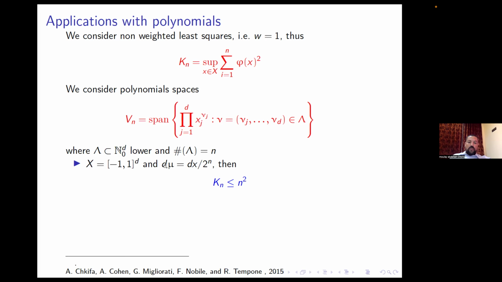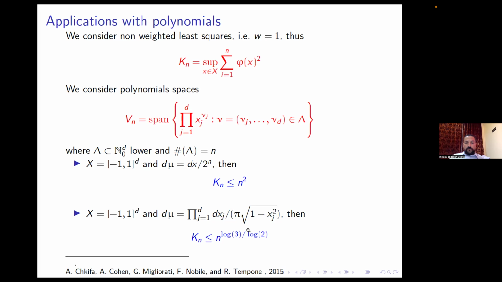So if we use the uniform measure, we have a bound on Kn, actually smaller than n squared. If we work with the tensor product arcsine measure, we have a better bound, n to the log of 3 over log of 2, which I think is something like 1.58.